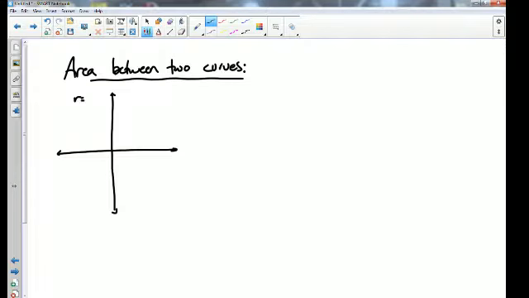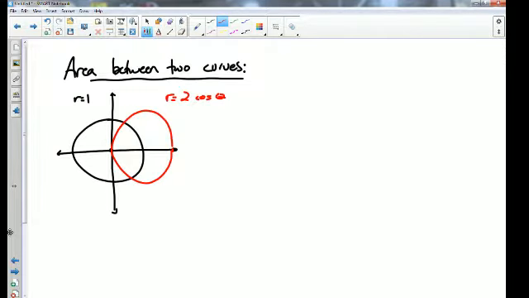Let's say this circle has radius 1, that's the unit circle. And then we have another circle, r equals 2 cosine theta. That's going to be this circle. Whoa, that's more of an ellipse, I guess. But whatever.